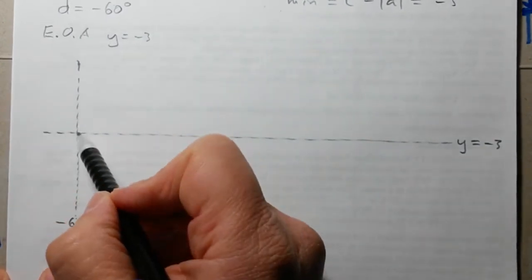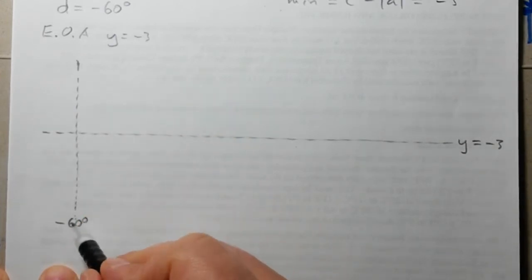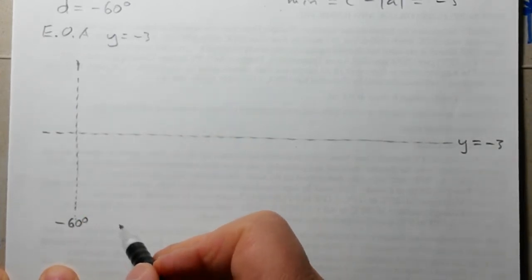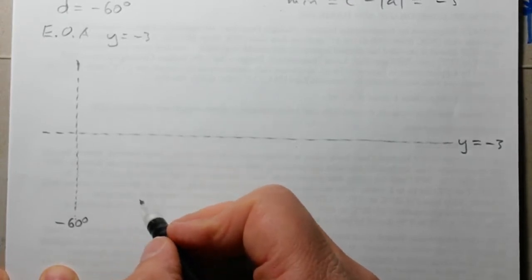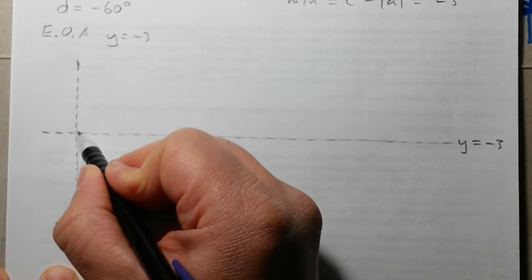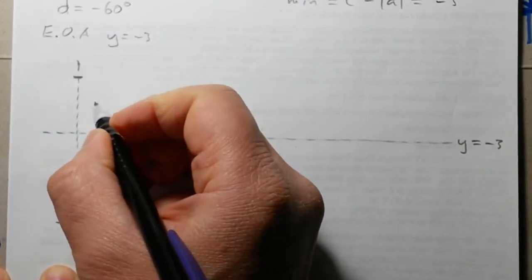If we start at negative 60 and the period is 540, then we do negative 60 plus 540. That's going to leave us at 480. So let's do that, and we start at the top. Oh yeah, I forgot to label the maximum and the minimum.